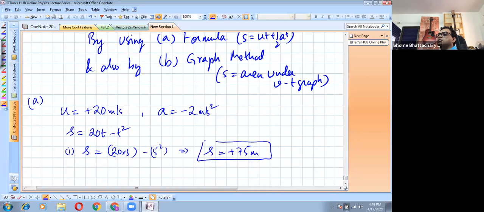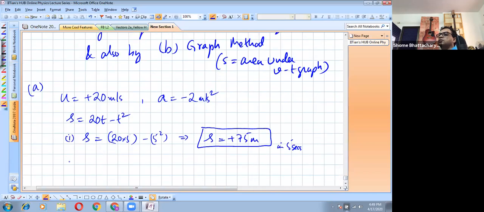This is in 5 seconds. Similarly, for the second part, I'm taking 15 seconds. So it will be 20 into 15 minus 15 square. So that is 300 minus 225.